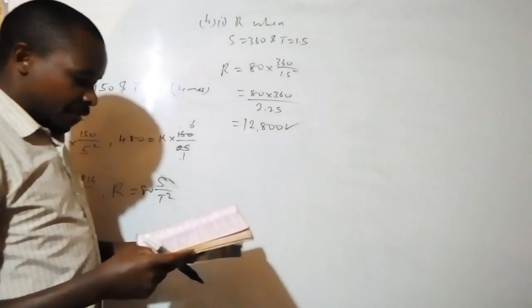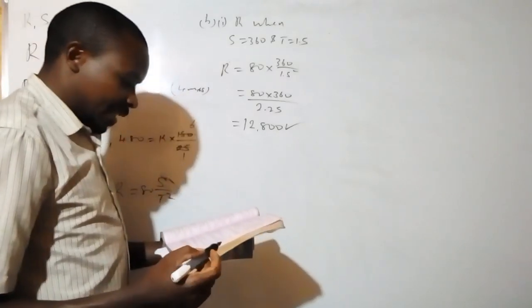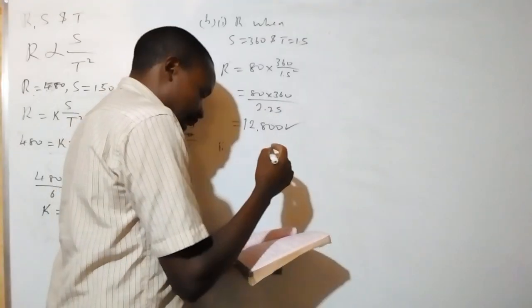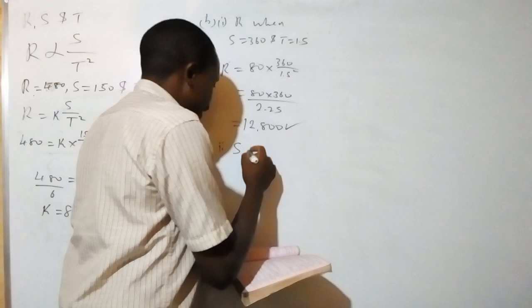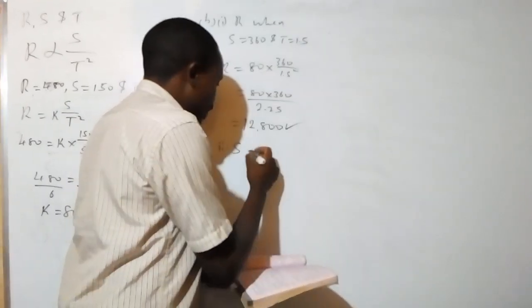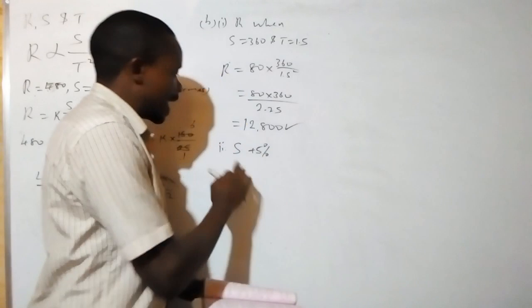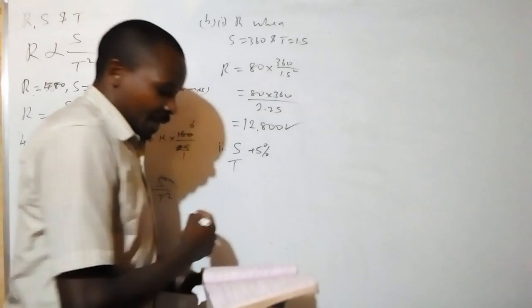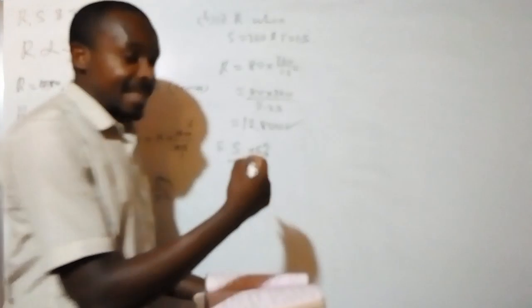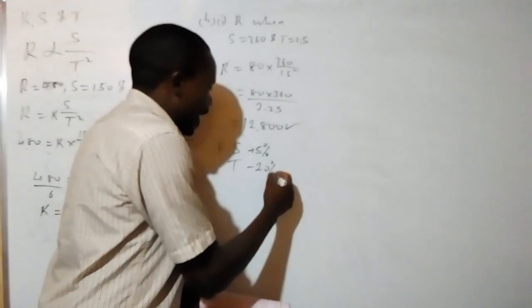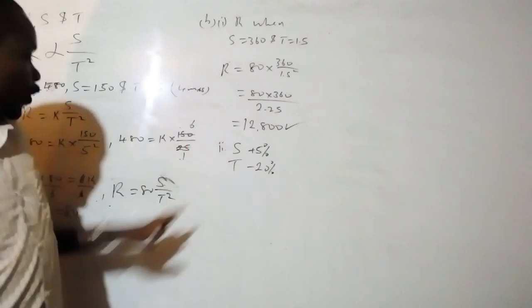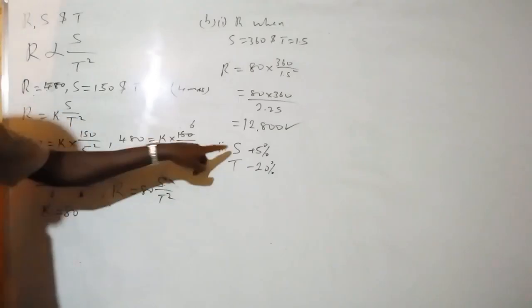In R, if S is increased by 5% (we are going to say plus 5%), and T, we are going to use negative to mean decreased by 20%, correct? Now they want us to find the percentage change in R when S is increased by 5% and T decreased by 20%.